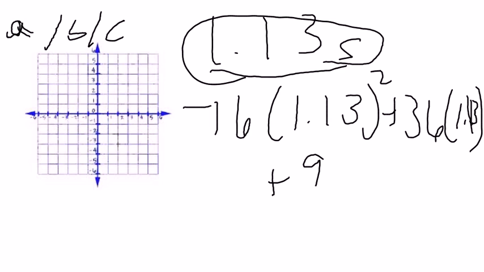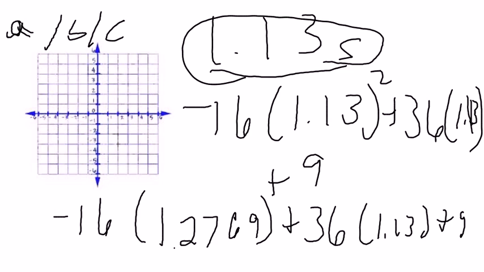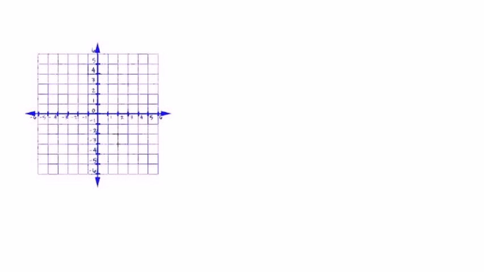So we end up with negative 16 times 1.13 squared, which is 1.2769. And then we add 36 times 1.13, and then we have to add 9 because of the function. So what does that come up with?